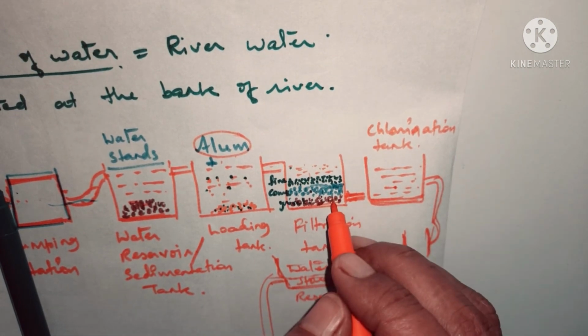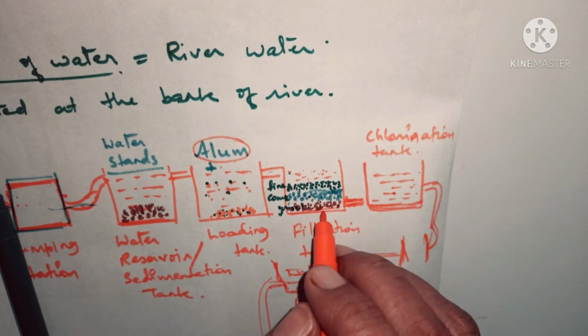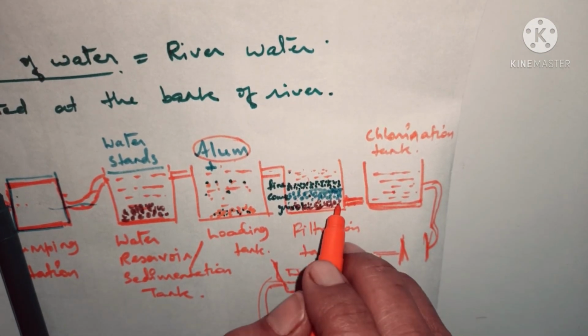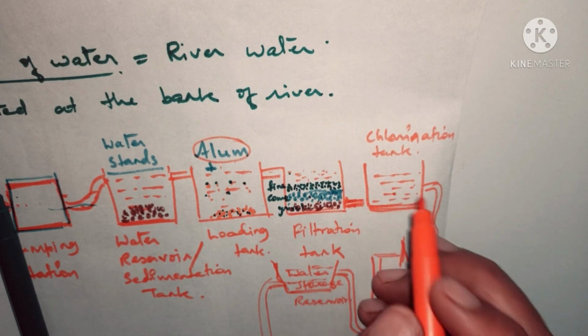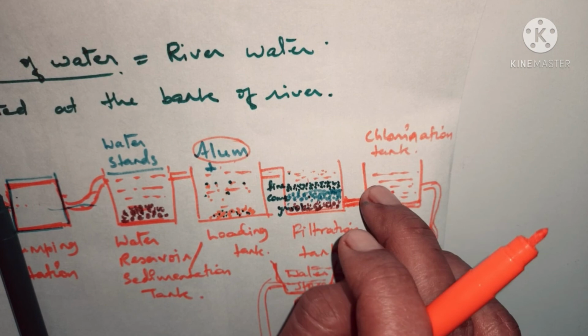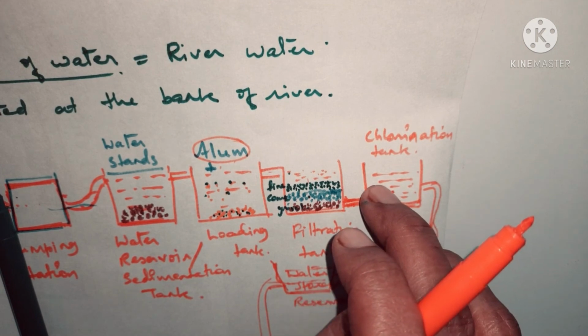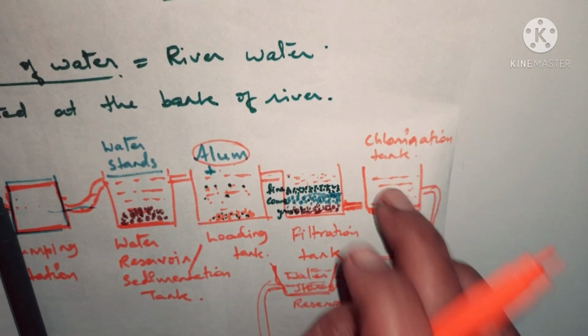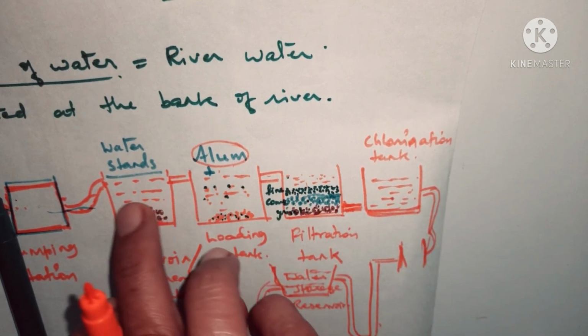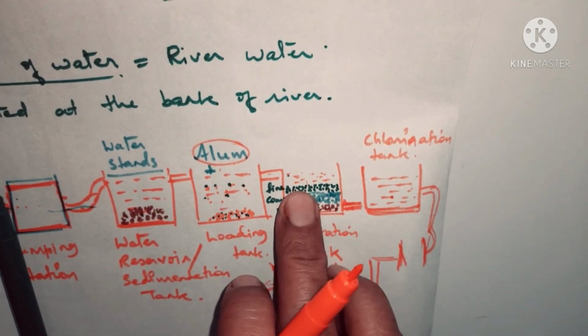The suspended particles are also separated out at this place. So you get very clear water in the chlorination tank, but it is still not fit to drink, because this water has not gone through any germ-killing process.